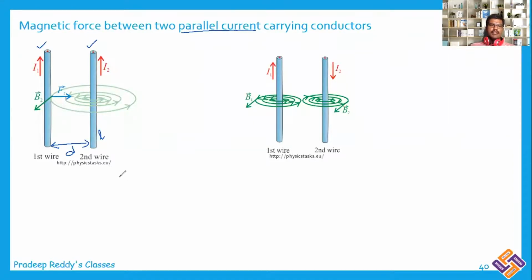Now I am considering the current I2 flowing through a current carrying conductor, which produces a magnetic field, and I am considering that magnetic field as B2.